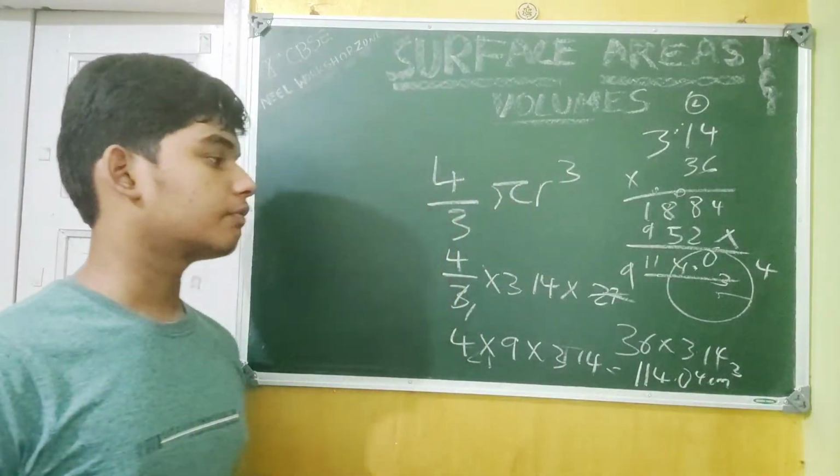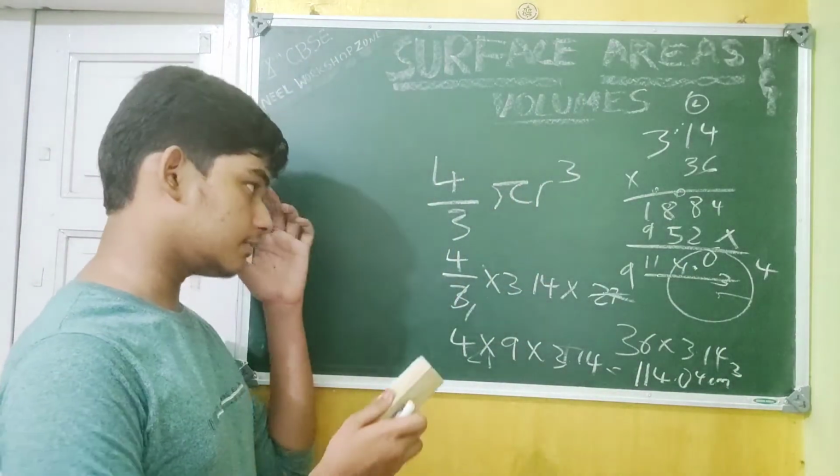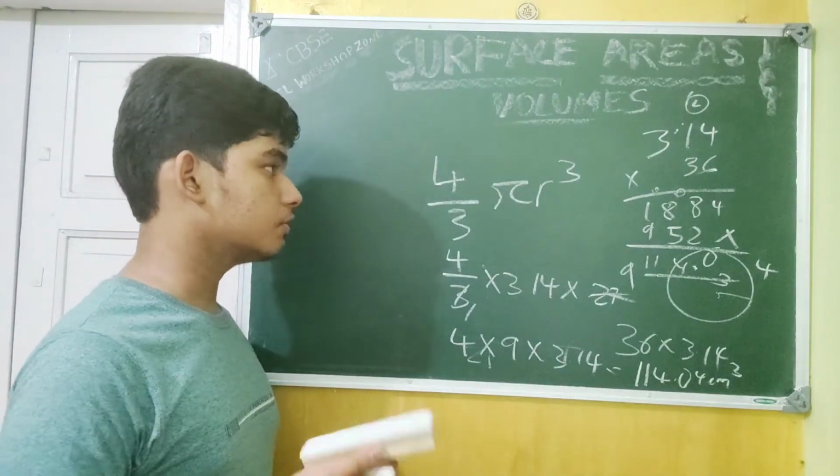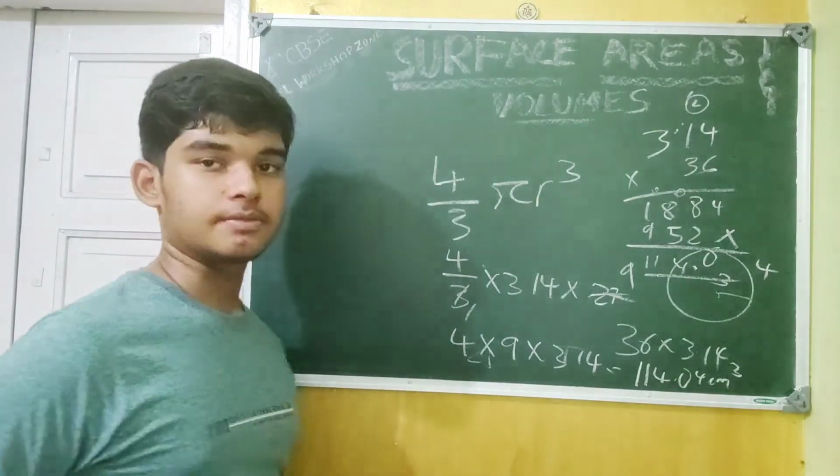So this is how you can find the volume of the sphere. By using the formula 4 by 3 pi r cubed, you can find the answer.